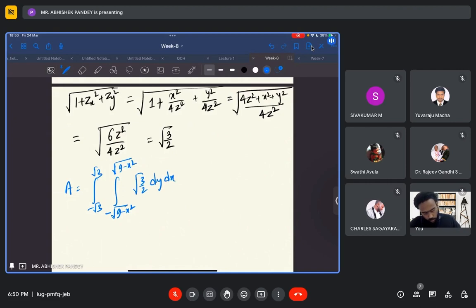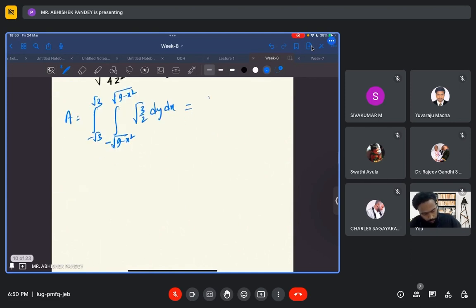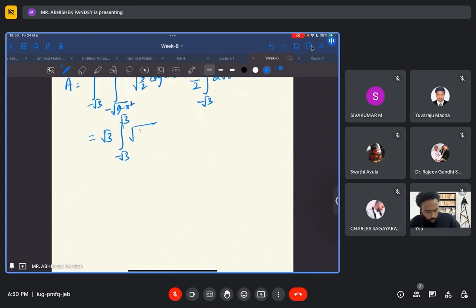Now this you can solve, so this will be x from minus 3 to 3, and root 3 by 2 will be outside, and this will be 2 into under root 9 minus x square dx. This will be root 3 times the integral from minus 3 to 3 of root over 9 minus x square dx.